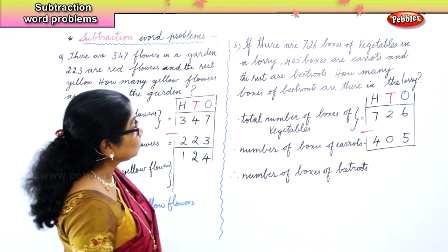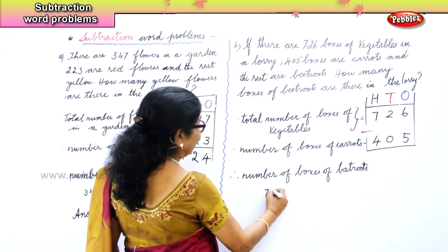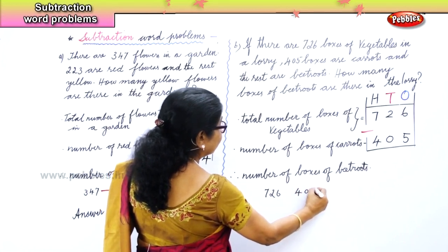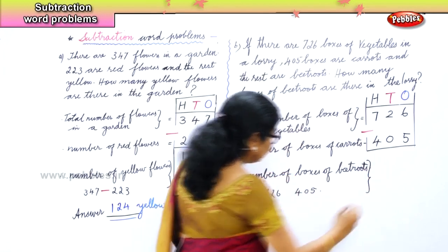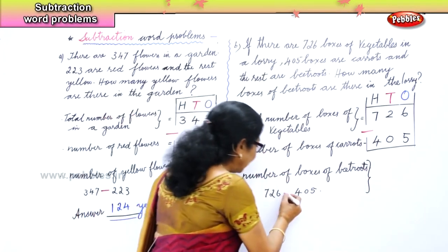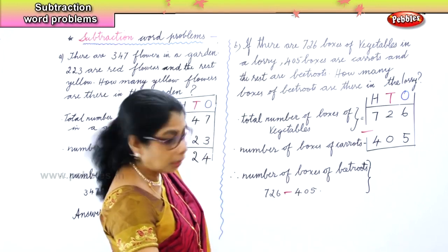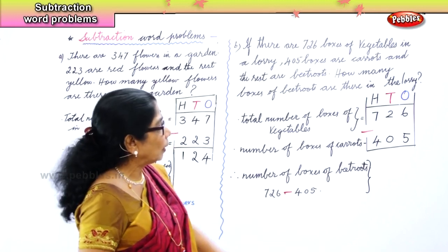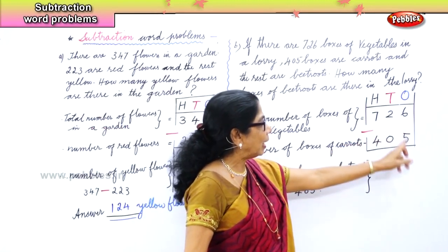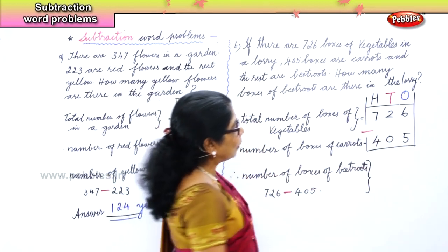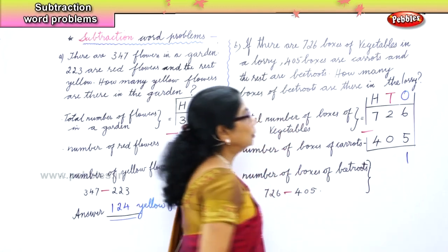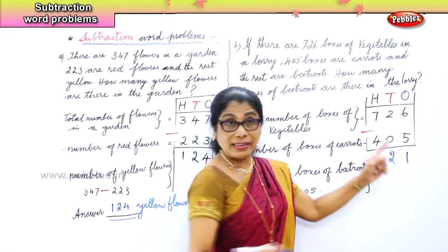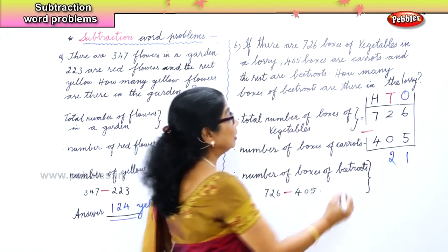Alright? Now that is 726 minus 405. Now what do we do? First, we look at the ones place. In the ones place, we have 6 ones and 5 ones. 6 ones take away 5 ones is 1. 2 tens take away 0 tens is 2 itself. 7 hundreds take away 4 hundreds is 3 hundreds.